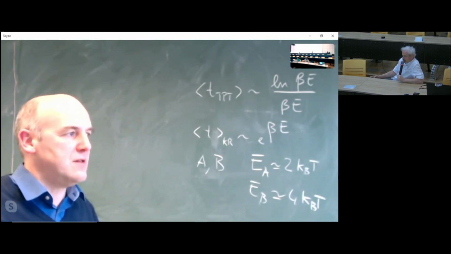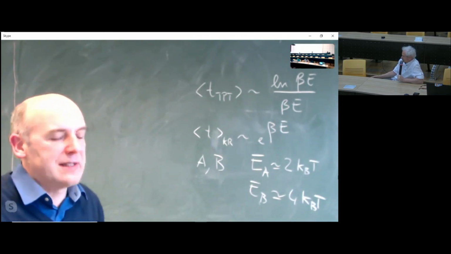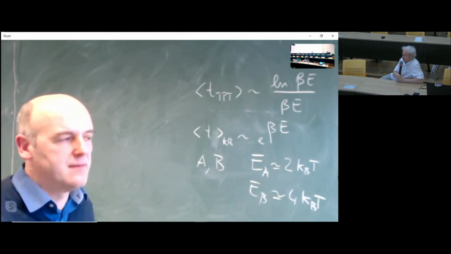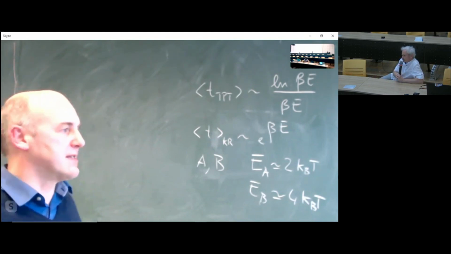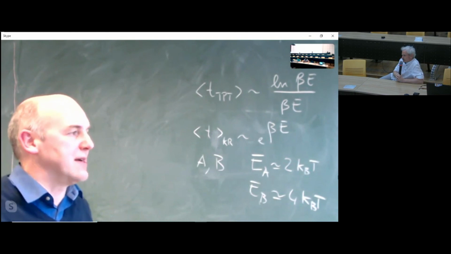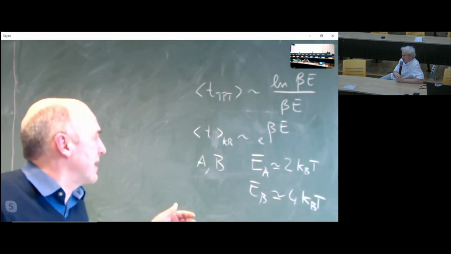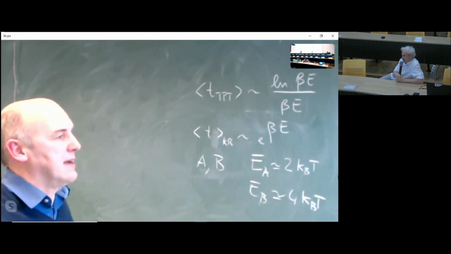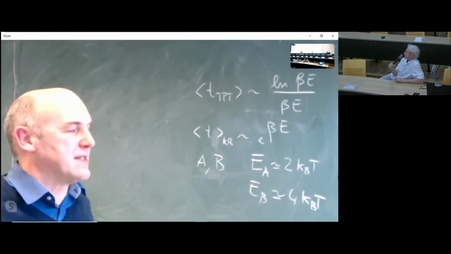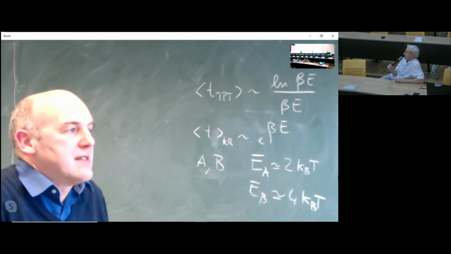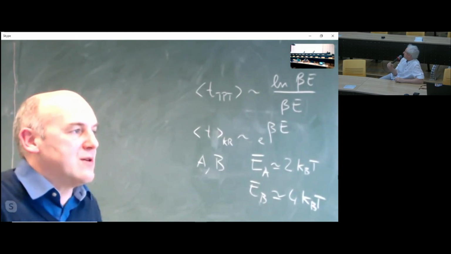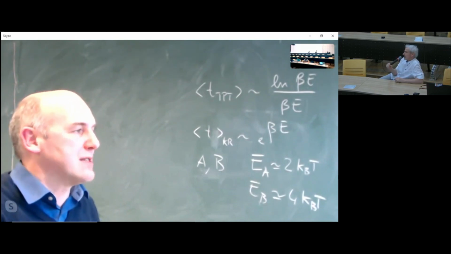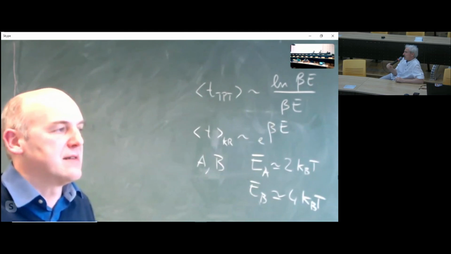I see, okay. So they want to understand whether what they measure makes sense and is consistent with other measurements. They can measure the barrier height from Kramer's, and the first thing they ask themselves is whether that is consistent with what they see when they measure transition path time. Do I see the same barrier height? Yes.